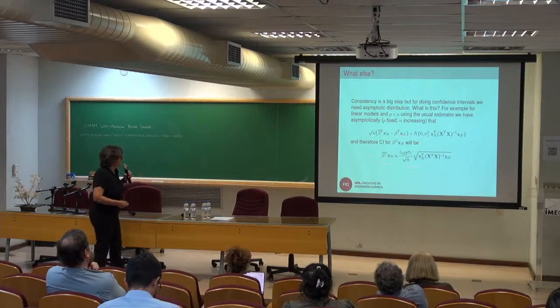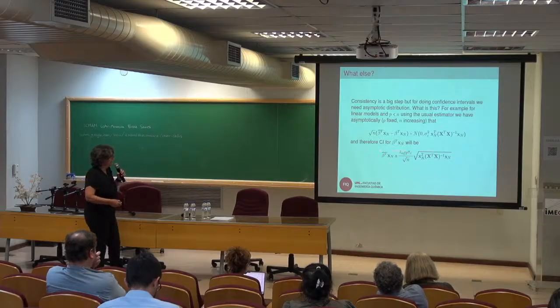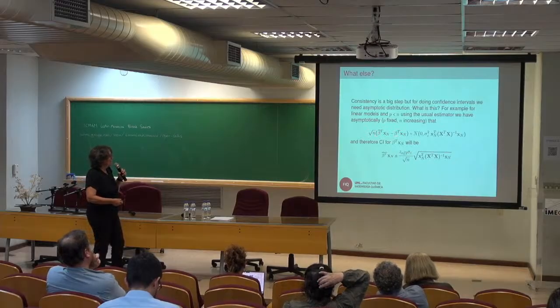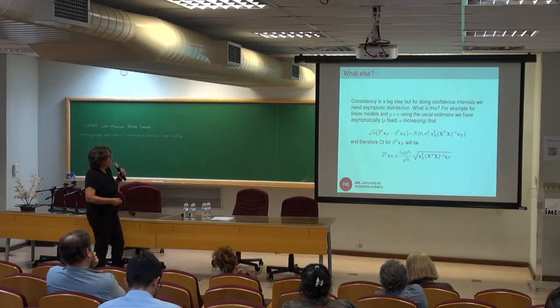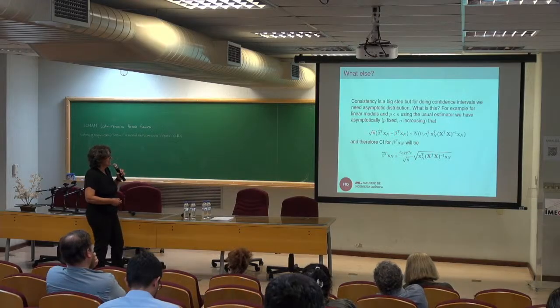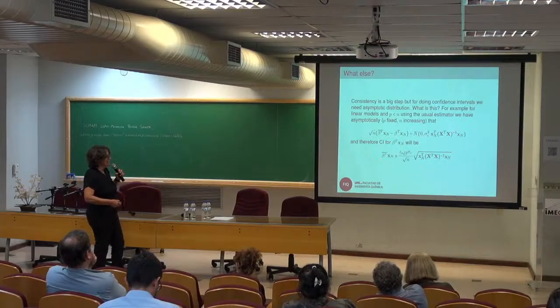You get it because you prove that not only does this go to this one, but when you multiply by the square root of n, it's like a normal. That means a lot of things, like the rate of convergence is like the square root of n, and you can do the confidence interval because in some way this is the error.